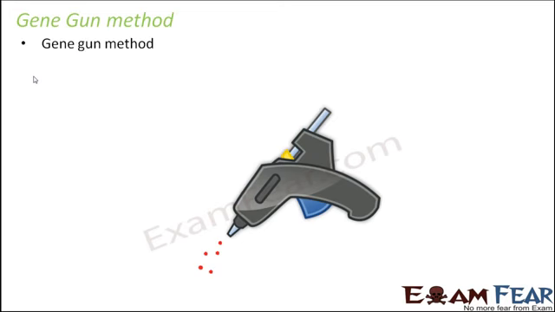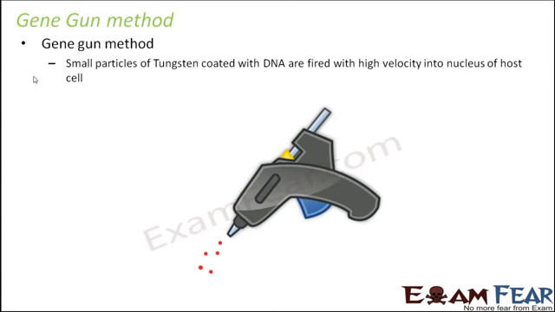So what happens in the gene gun method? In this method, small particles of tungsten coated with DNA are fired with high velocity into the nucleus of the host cell. That is how it is directly injected into the host cell. You have a gun-like structure where these small particles of tungsten come out with very high velocity. The velocity is so high that it penetrates inside the host cell. In fact, it gets into the nucleus of the host cell.